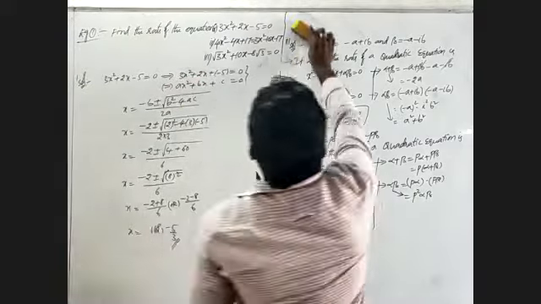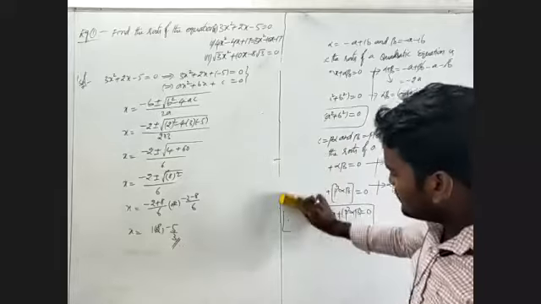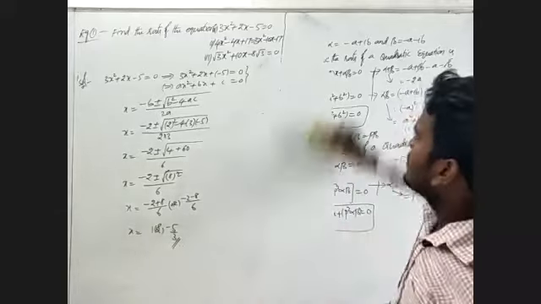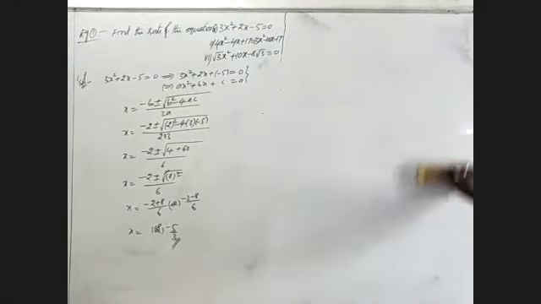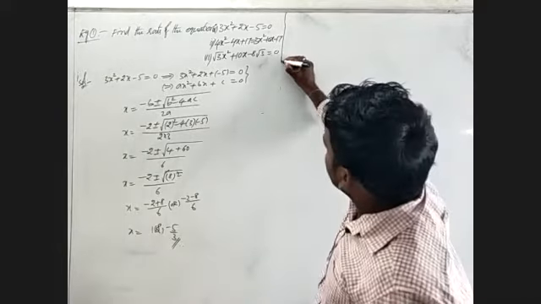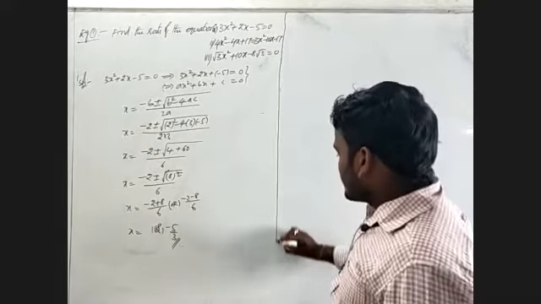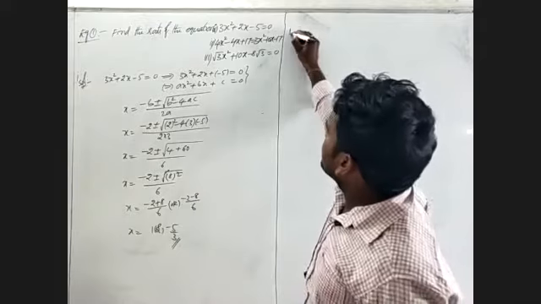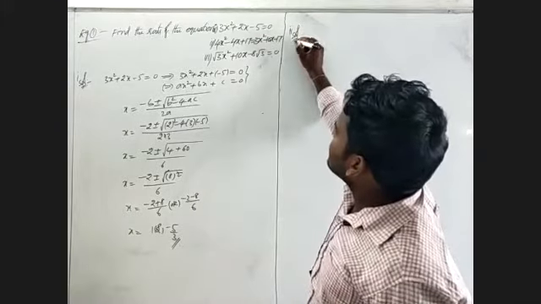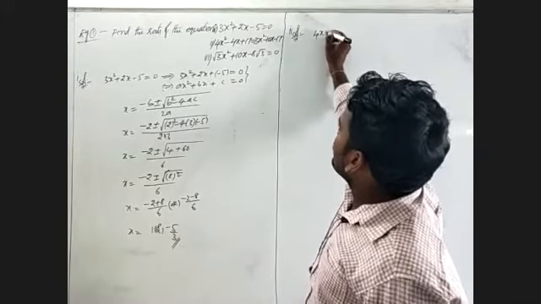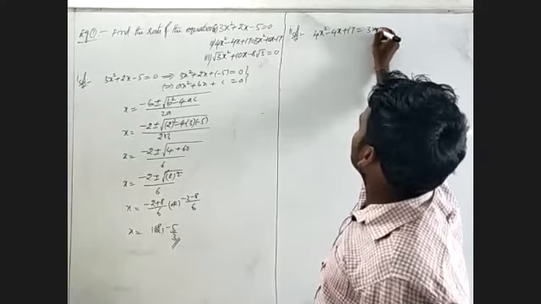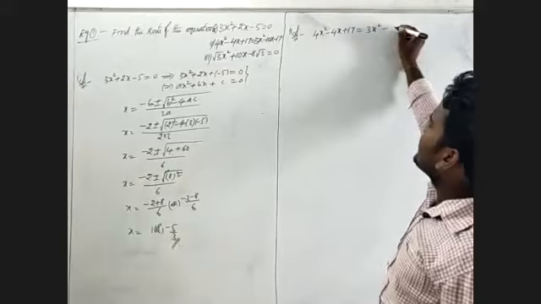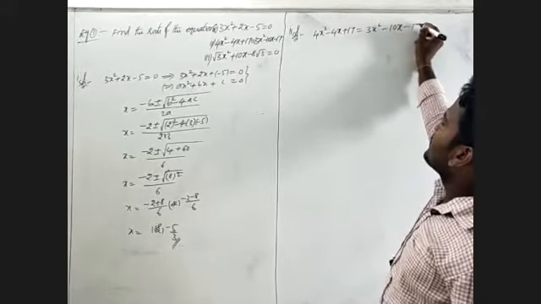Now I am going to the second one. What I am asking in the second one is 4x square minus 4x plus 17 is equal to 3x square minus 10x minus 17.